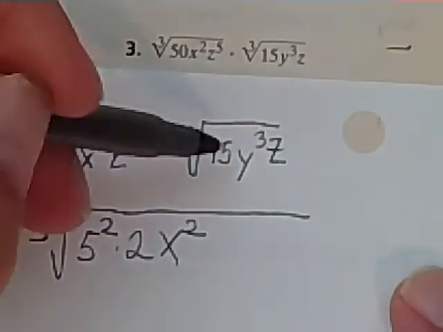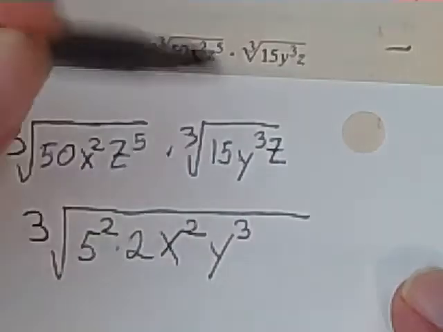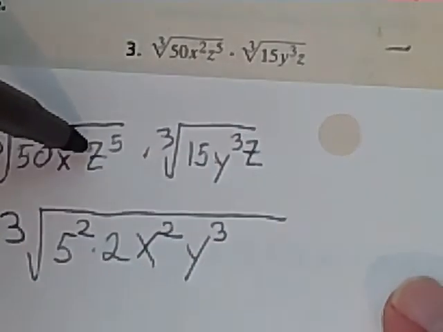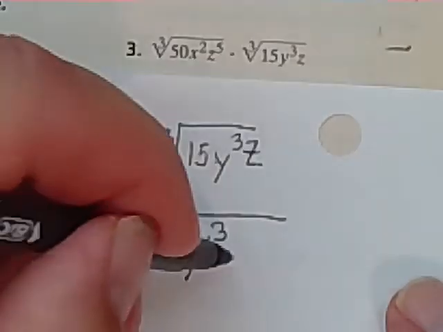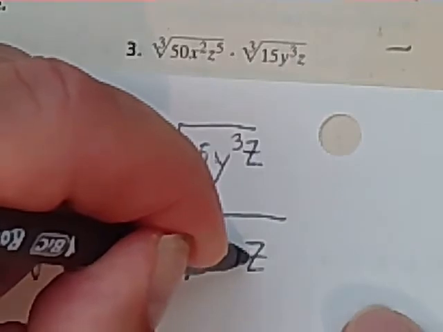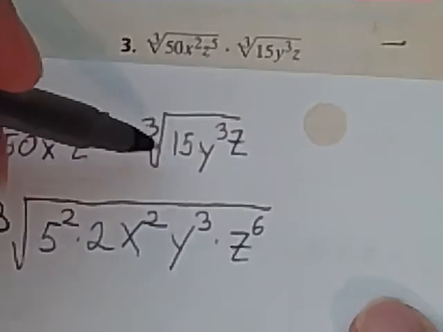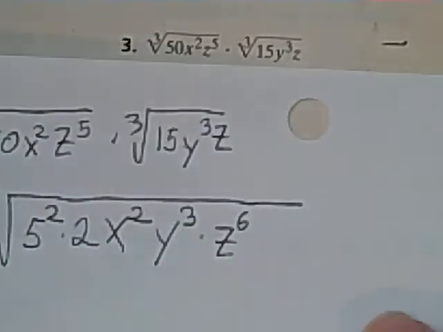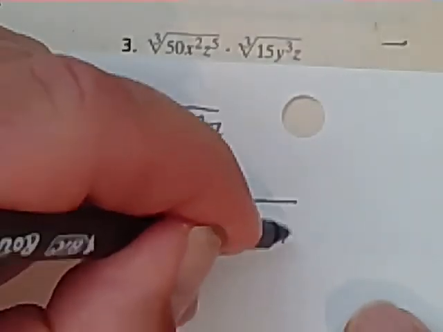For the y, there's a y cubed. For the z, there's z to the 5th, and over here is another z. So that's z to the 6th power. There's a 15, and instead of writing 15, I can break that into 5 times 3.